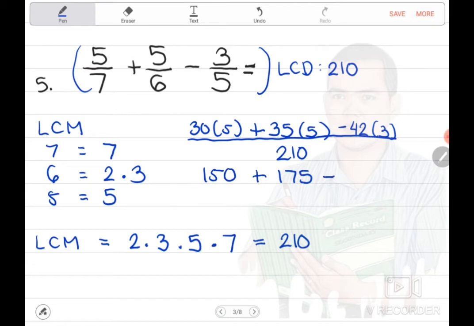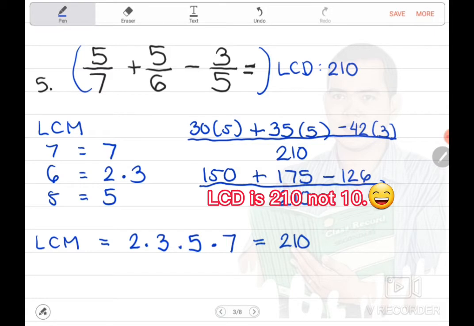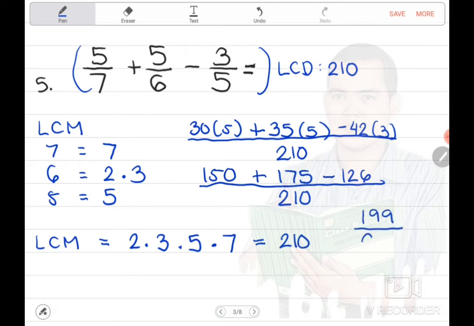So 42 times 3 is equal to 126, all over the LCD, which is 10. Then let us simplify the numerator. So 150 plus 175 minus 126 is equal to 199 all over 210.